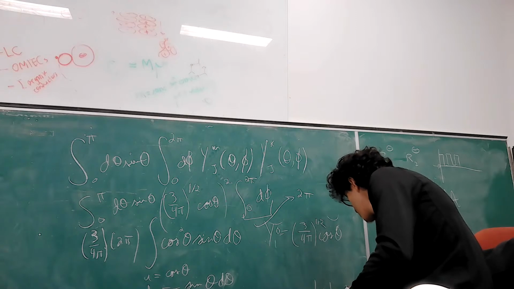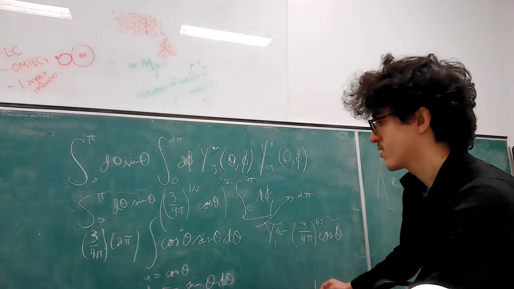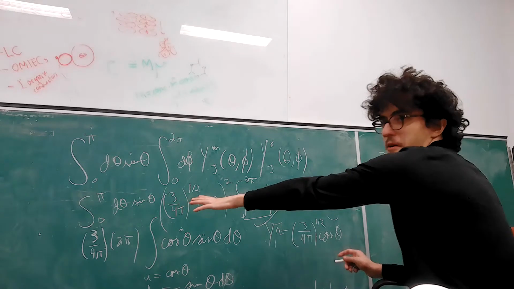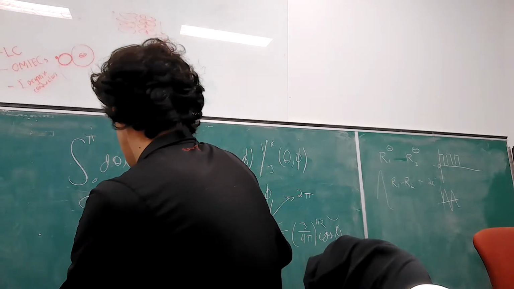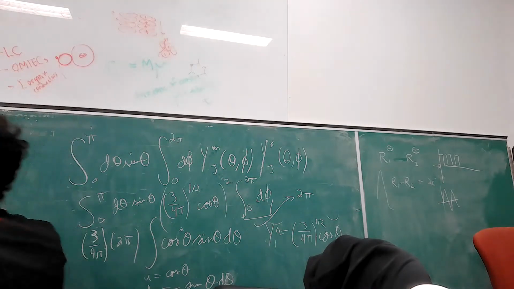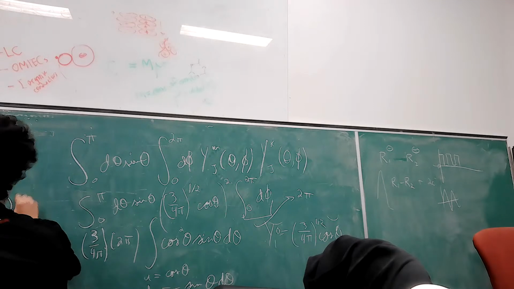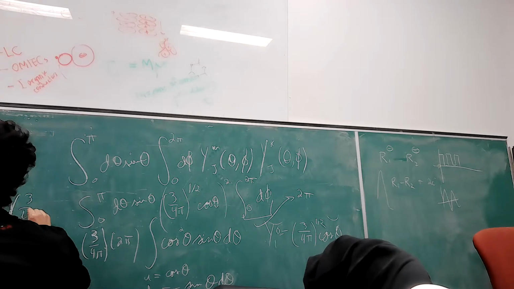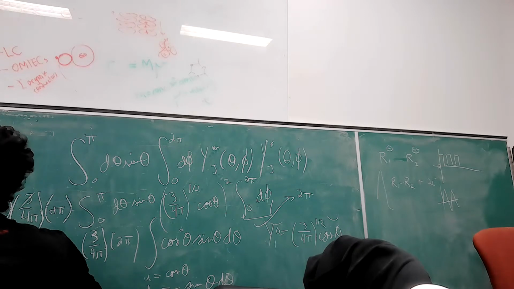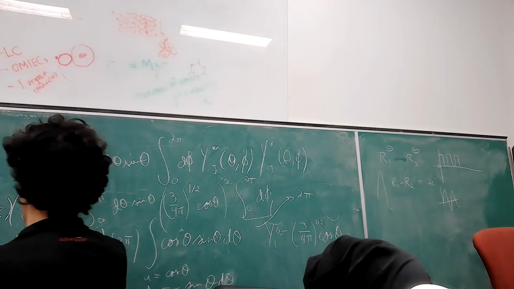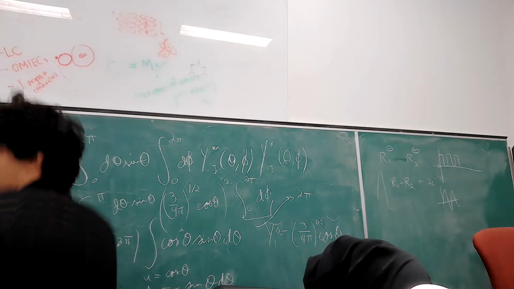So it's equal to 2 over 3. I'm going to move to this part of the board, it's easier to work with. So you have 2 over 3 times 3 over 4 pi, and the 4 pi over 4 pi is just equal to 1.